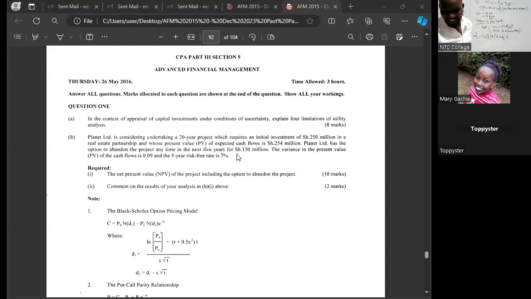Option to exercise. Sasa umepewa exercise price ndio hii. Even exercise in 5 years time, ana right ya kuexercise at 150. So umepewa E, umepewa P.